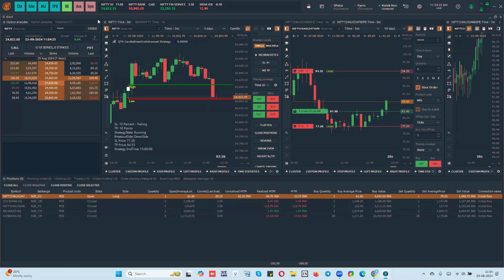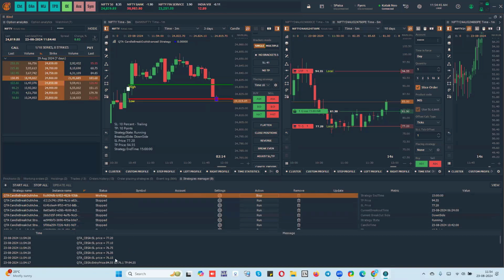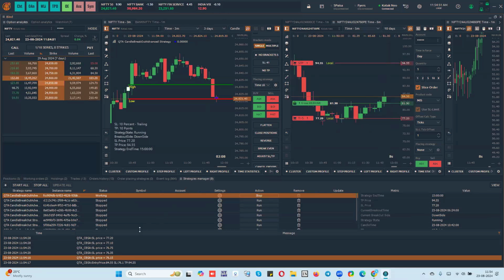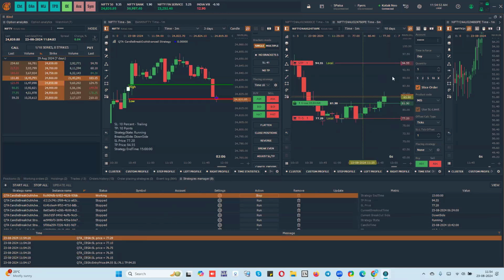Currently the at the money strike is at 800, and it has taken a one strike out of the money trade with the stop loss and take profit parameters that we set. Initially, it put a stop loss at 76.1. As and when the market started moving, it has started trailing to 77.20 right now.